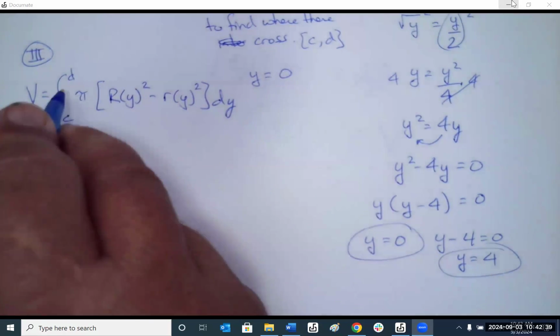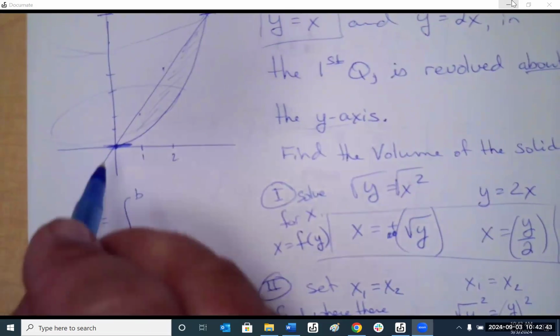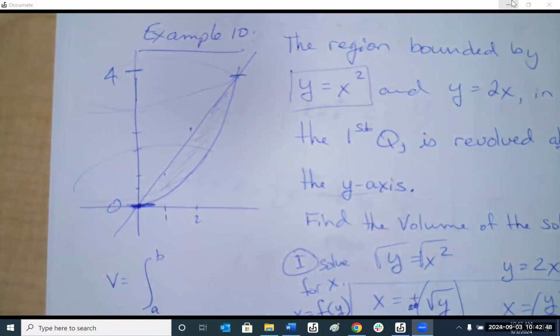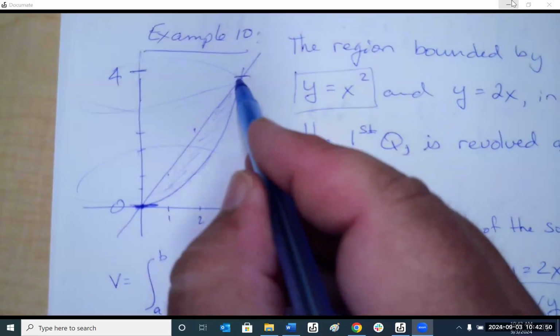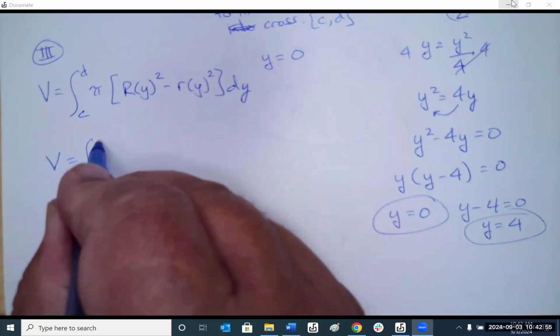We know what c and d are. c and d are the bounds of integration, where they cross, where they intersect each other. So it goes from 0 to 4.